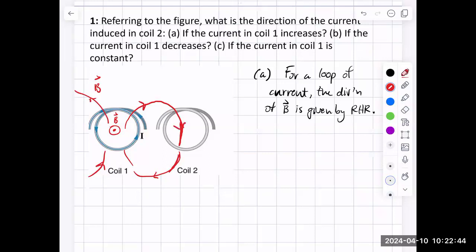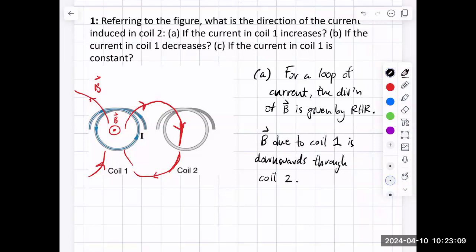Okay, so through the second coil, that magnetic field is pointing downwards. So B due to coil 1 is downwards through coil 2.